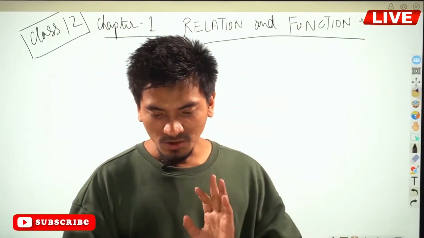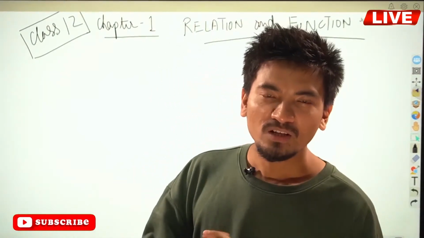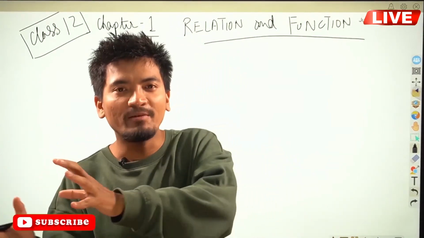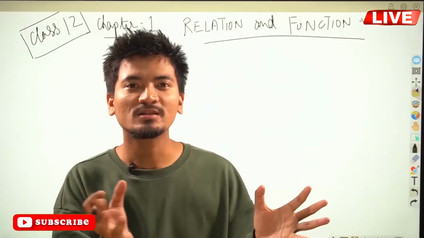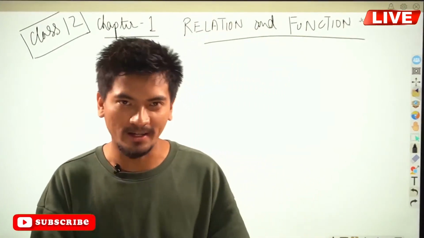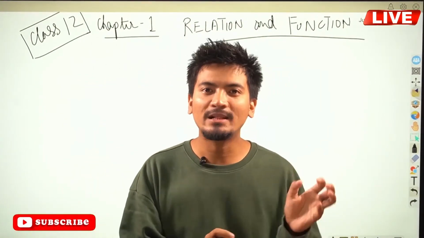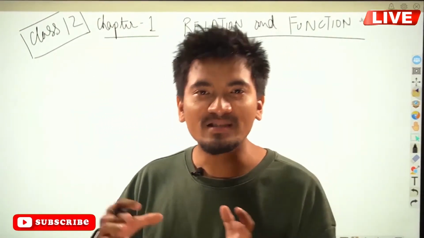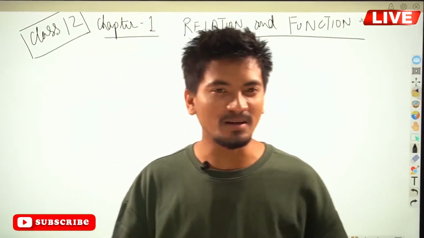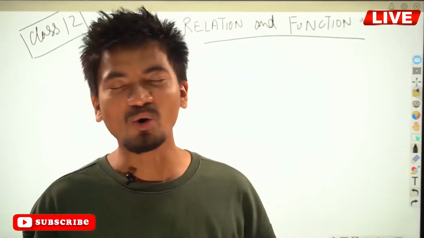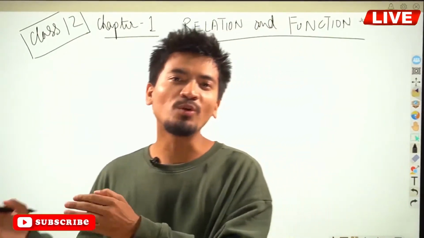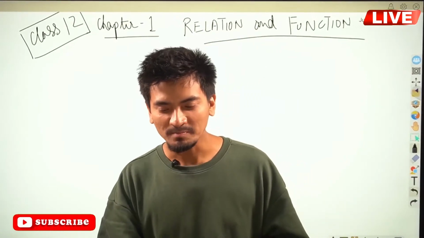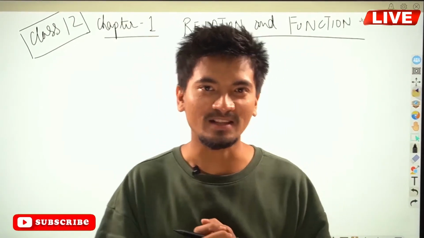Since this is the first class, I will just deal with whatever you have learned and take it towards class 12, because those basic concepts are very important to understand what we will learn here. So today I will simply start with the basics, that is the Cartesian product, relation, function. And gradually we will move towards the types of relations, types of functions and all this. So let's start today's class.